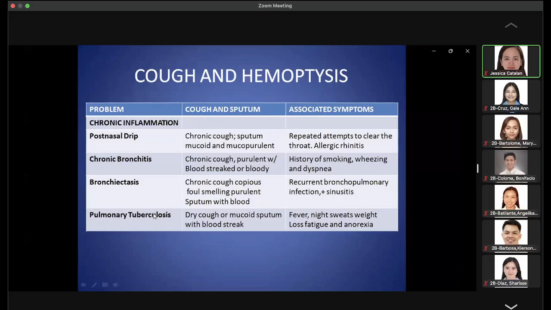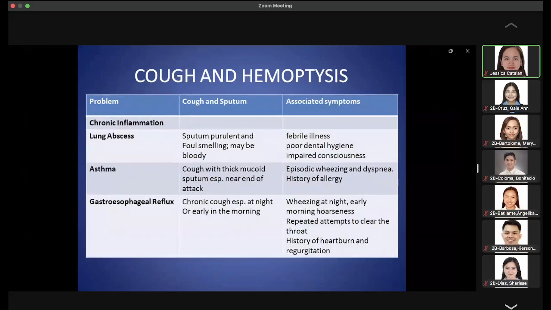And pulmonary tuberculosis is commonly presented with dry cough or mucoid sputum, with or without blood streak, associated with fever, night sweats, weight loss, fatigue, and anorexia. Next would be lung abscess.